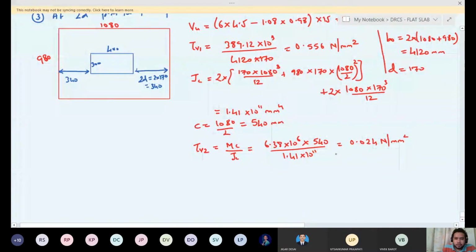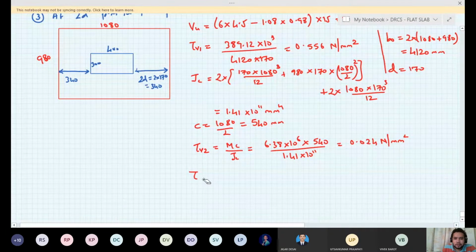So again we can find tau v max. Tau v max is equal to tau v1 plus tau v2.